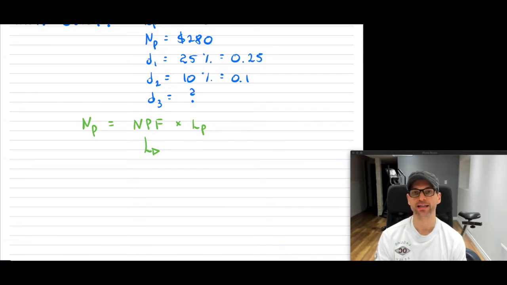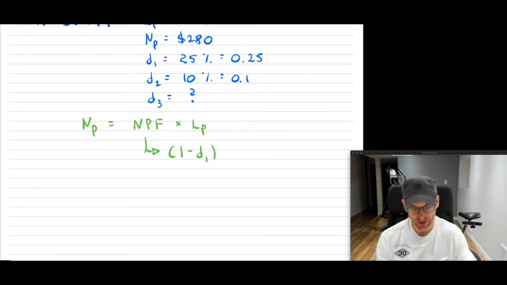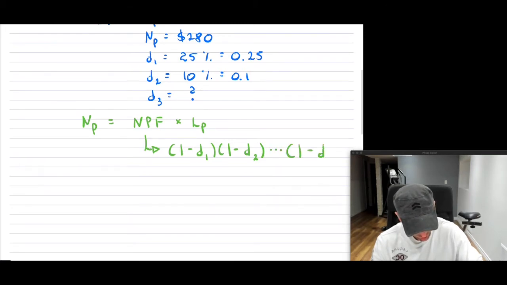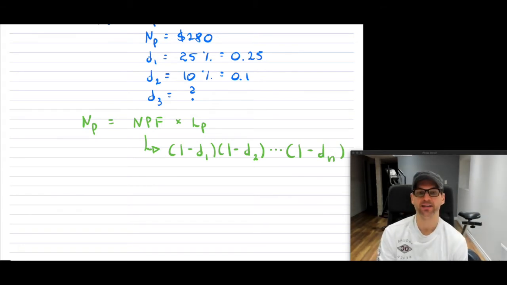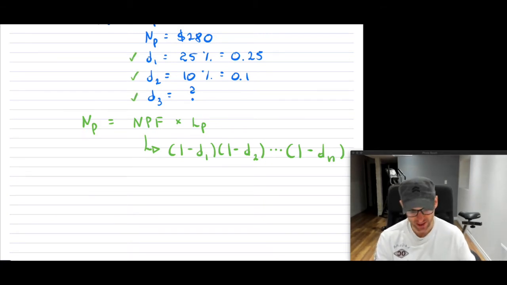The formula for it is 1 minus discount number 1 multiplied by 1 minus discount number 2, and you keep multiplying until you cover all your discounts. Put an N as a subscript at the end when you do not know how many. In this case, we have 3 discounts, 1, 2, 3, so that N is going to be 3.